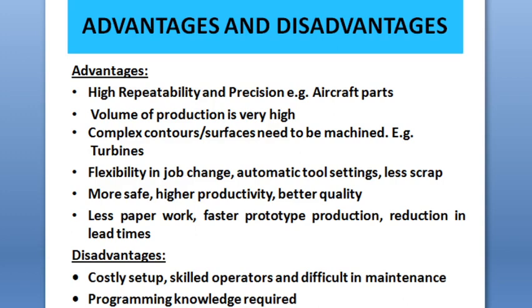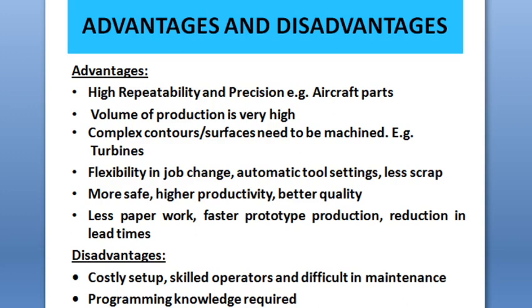These are the advantages and disadvantages of the CNC system. It has n number of advantages. It produces high precision, accurate components like aircraft parts, and it gives a high volume of production.